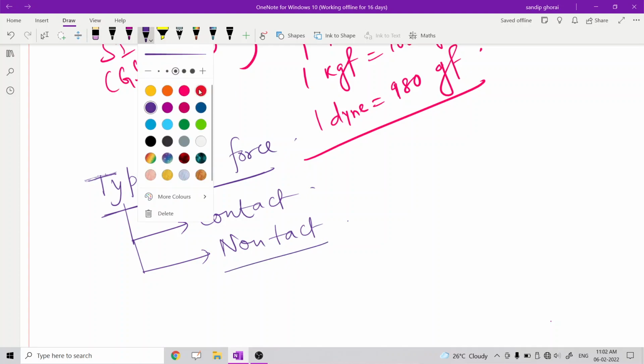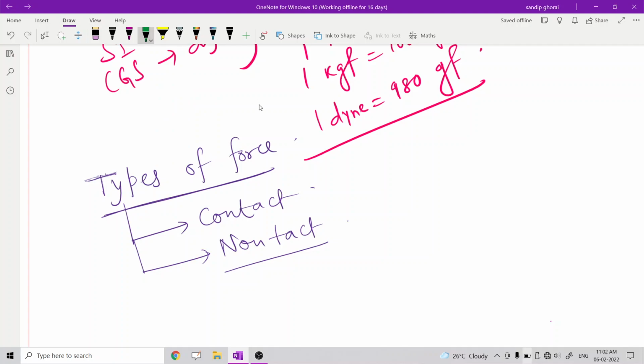And what are the different examples of contact force? For contact force you can take tension force, normal force, and also friction force, which is in your syllabus.